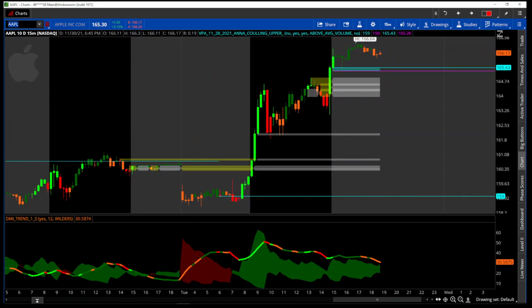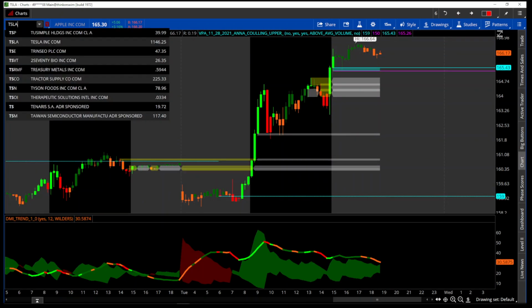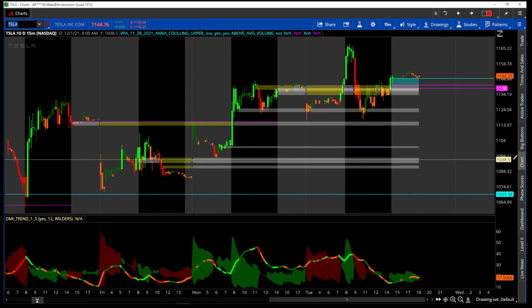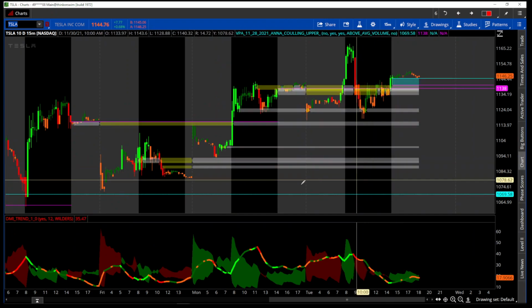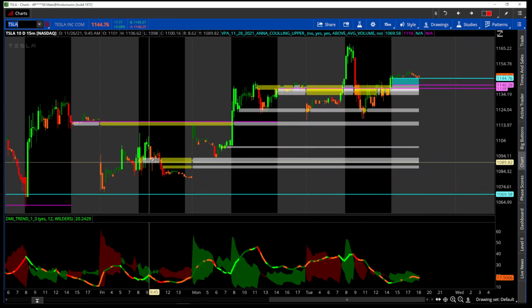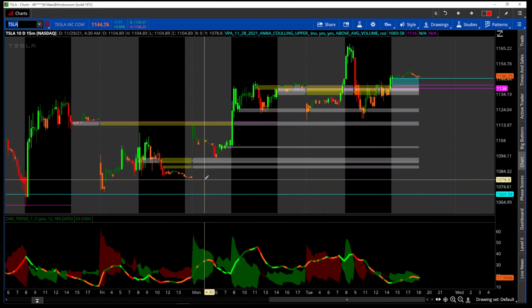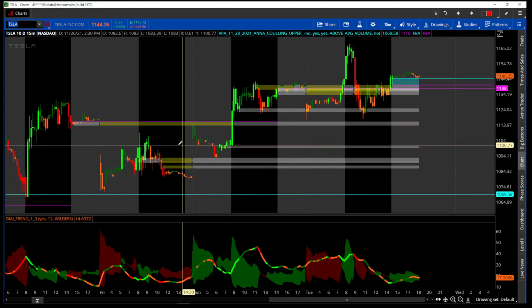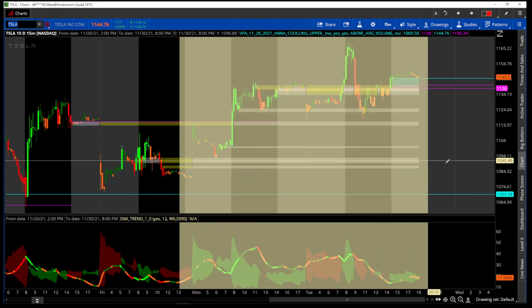And let's go to another stock, TSLA. And like I said, this is the irregular body indicator. If you haven't watched my video on that, you can. It's posted. This is the newer version of it, and as you can see, it found these supports.